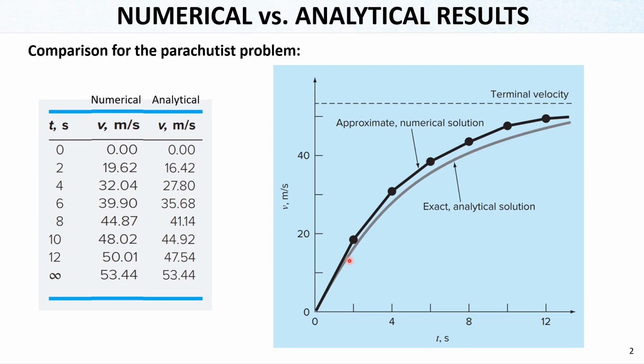And here, by the way, because we have only an increase of 2, the increments are large. If we reduce the step size to 1, for example, we will have a better approximation of the analytical solution. Still, the numerical is linear, but decreasing the step size will increase the predictive performance.